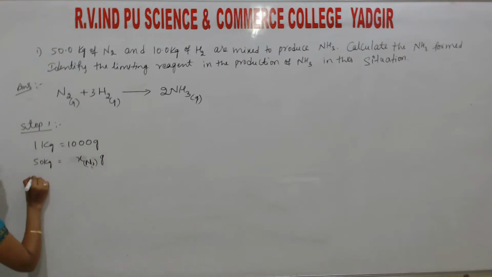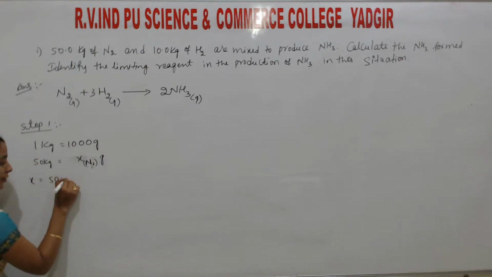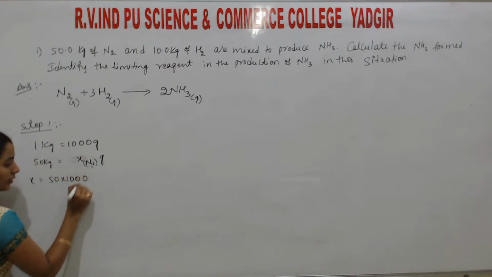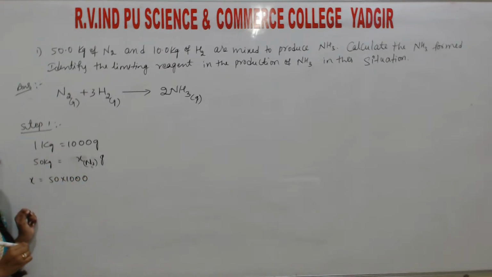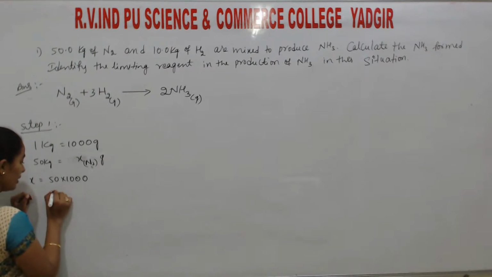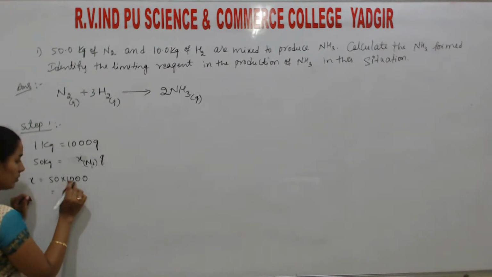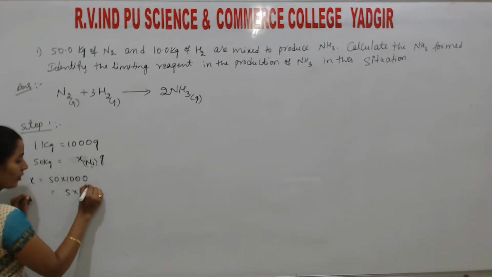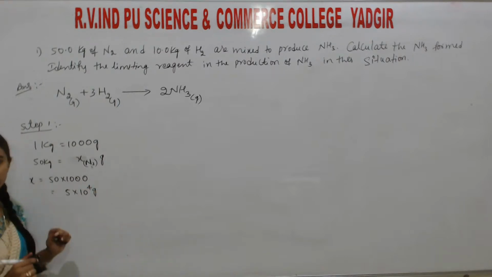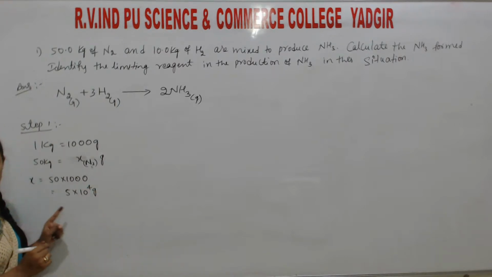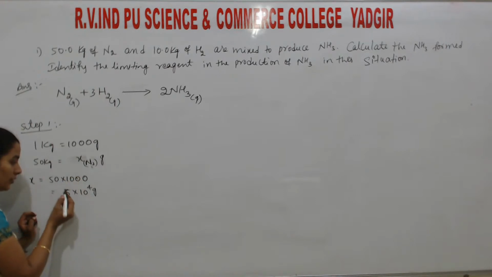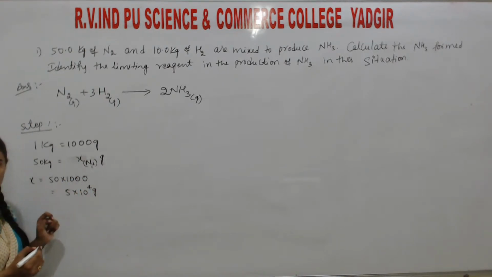So in gram, x is equal to 50 into 1000. Simply, this is 5 into 10 to the power of 4 gram.